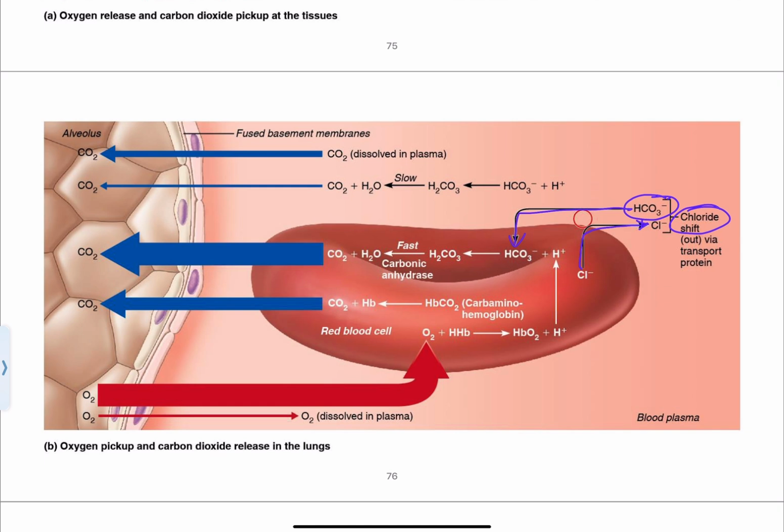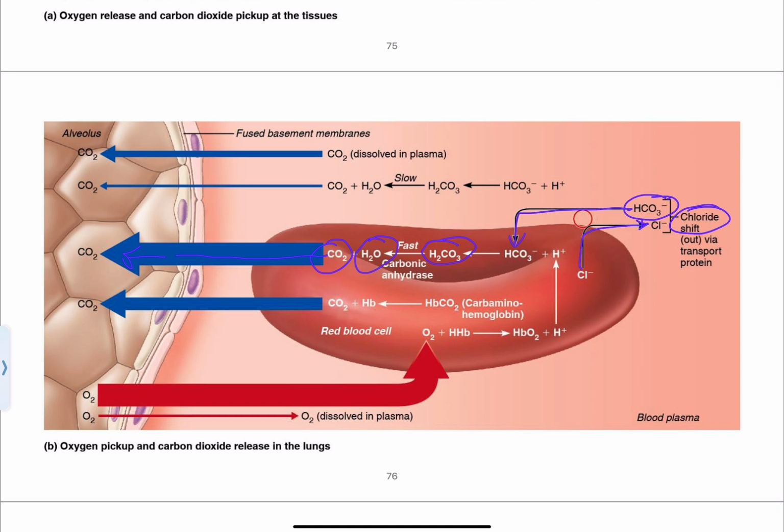Once we have our bicarbonate ion back into our erythrocyte, there's an enzyme there that's going to turn it into carbonic acid, which is quickly going to dissociate into our original molecules, which were carbon dioxide and water. Carbon dioxide can then diffuse out into our interstitial fluid and eventually into our alveoli, so we can breathe it out.